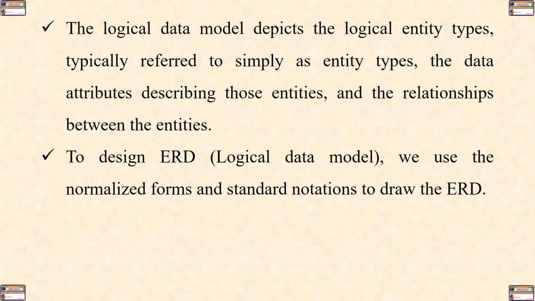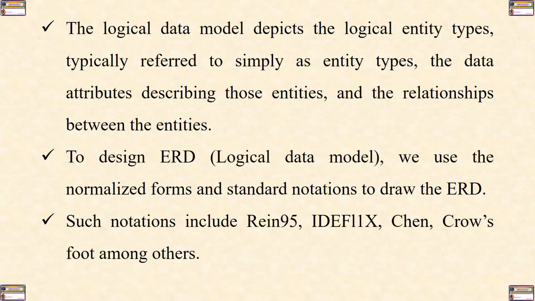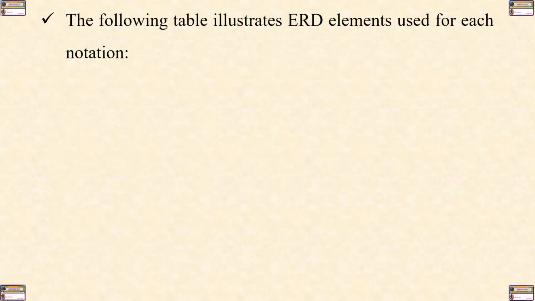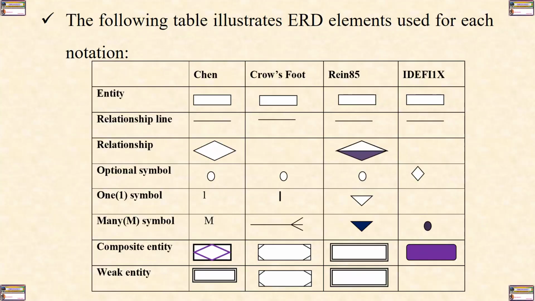Now, to design an entity relationship diagram or logical data model, we use the normalized forms and the standard notations to draw the ERD. Such notations include IE, IDEF1X, Chen, crow's foot, among others, and in each of them, we make use of the following symbols or elements. So entity across all of them is represented in the form of a rectangle, as you can see. The relationship line is represented as you can see.